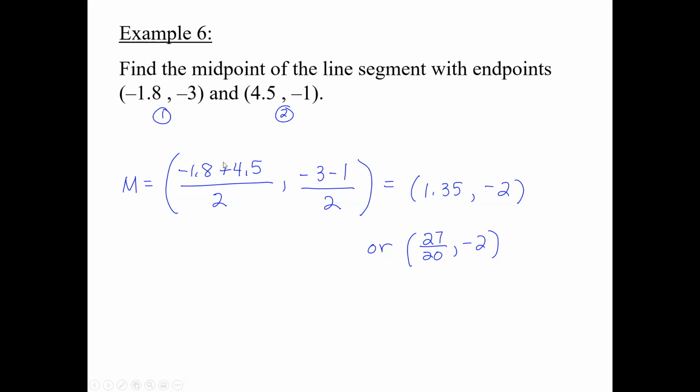For the y's, I have this y value plus that y value divided by 2. Well, these arithmetically simplify to 1.35 and -2. So the coordinate of the midpoint between these two would be this in decimal form or that in fractional form.